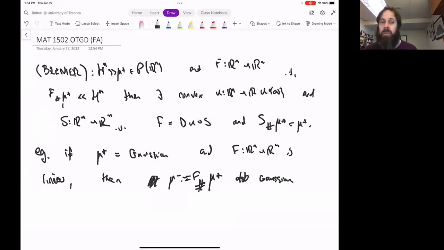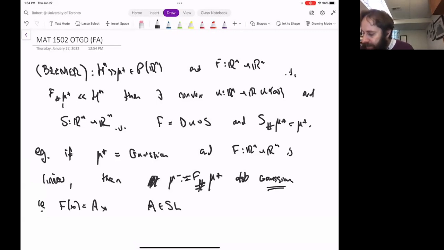And so in this particular case, what does it mean for F to be linear? It means that F of X is AX for some matrix A. And if I don't want this to be a degenerate Gaussian, in other words, if I don't want it to concentrate, to vanish outside some lower dimensional subspace, I want the matrix A to be in SL_n(R), so invertible, in other words.